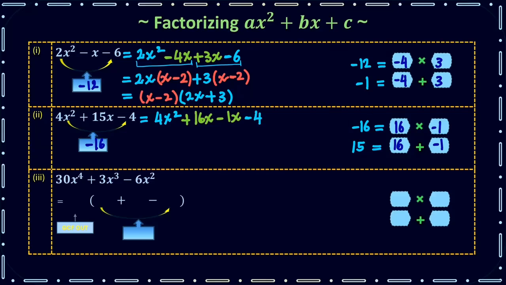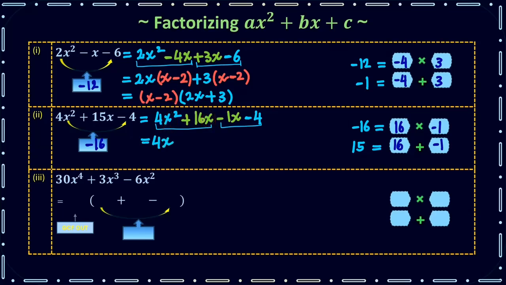Once again, we have two groups. We're going to take out the GCF of each group. First group consists of 4x squared, 16x. 4 and 16 have a GCF of 4. X squared and x have a GCF of x.